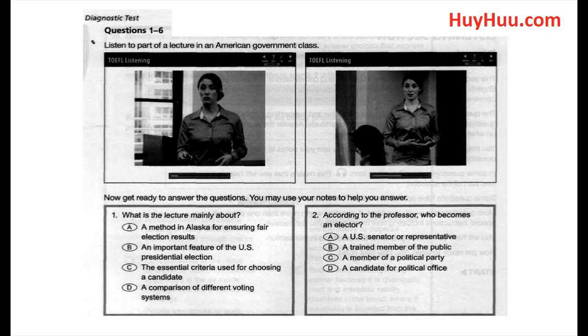Okay, so the candidate with the most electoral college votes, provided it's an absolute majority, that is, over half the total of electoral college votes, is declared president. The same goes for the vice president. If no one gets an absolute majority, then the U.S. House of Representatives chooses the president from among the top candidates.